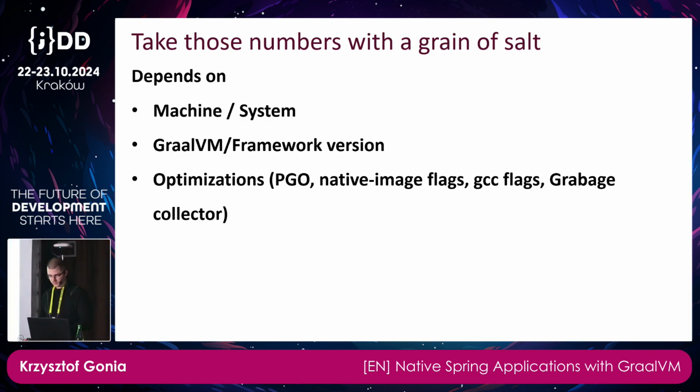But take those numbers with a grain of salt, because it will depend on the machine and system. We already saw that, even on the same machine, there is a difference between the Windows version and the Linux version. Maybe it's because I'm using WSL here, so it's not typical Linux, but still there will be variation between machine, system, GraalVM and framework version, and also some additional optimizations.